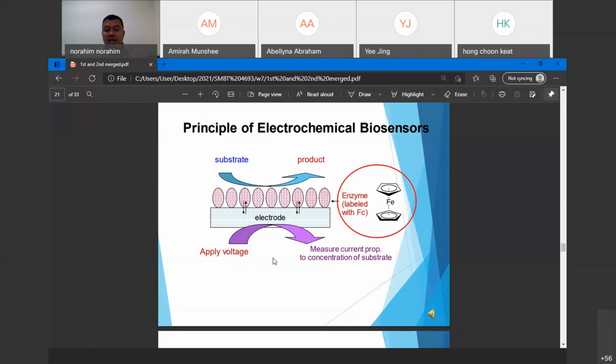This is an electrochemical cell. So you need to apply forces. You kena bagi tenaga pada sistem tu, then they will interact and produce reaction and produce signals. Yeah. Okay, this is about measuring current, which is proportional to the concentration of whatever substrate that you are looking at.